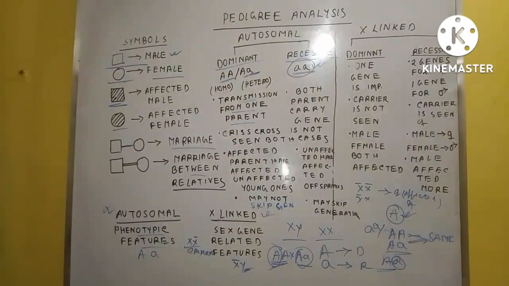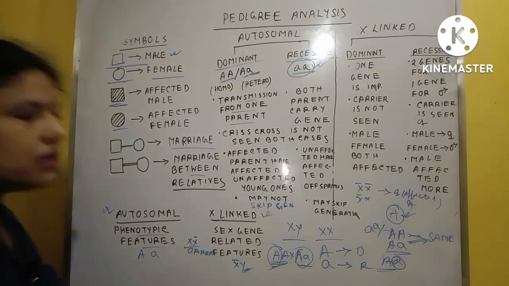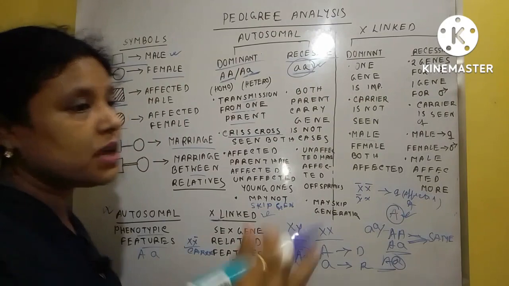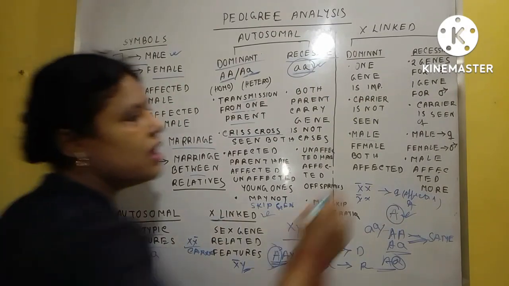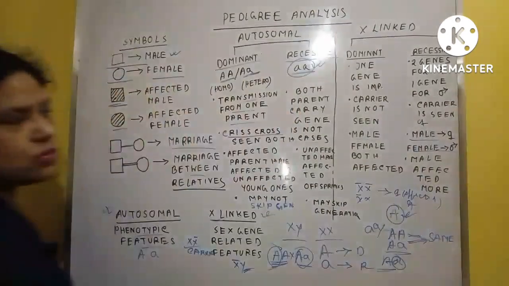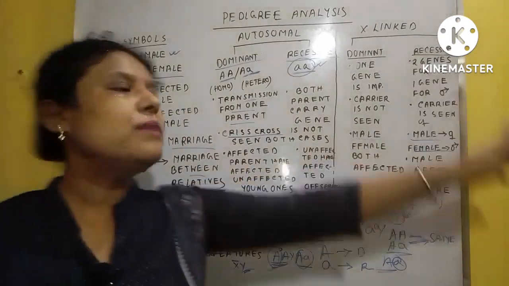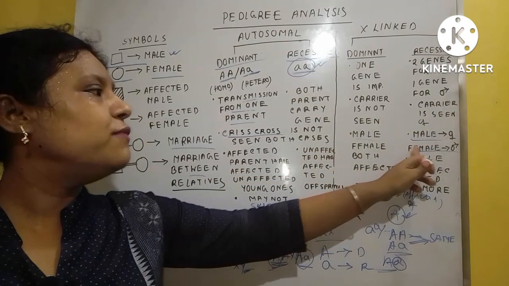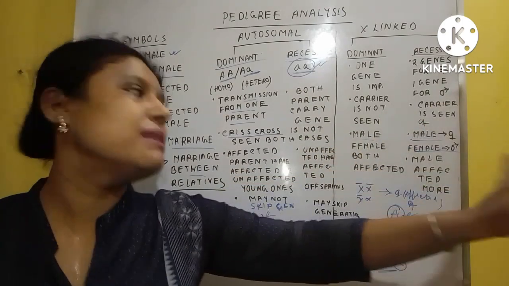And the next one, male to female. This is criss-cross. Same word, criss-cross. Criss-cross transmission of the gene is seen here. From male to female the gene is transported, and from female to male the gene is transported. So from male to female the disease may be carried, and from female to male the disease may be carried.